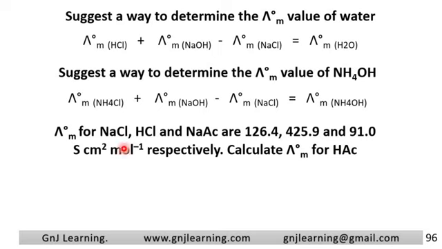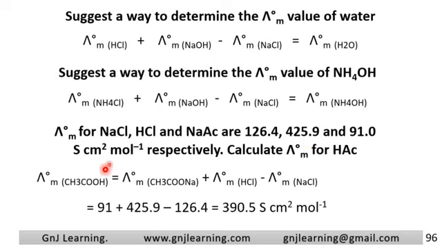So I am adding the limiting molar conductivity of sodium acetate and HCl and subtracting NaCl from it. So lambda m0 of acetic acid is lambda m0 of sodium acetate plus lambda m0 of HCl minus lambda m0 of NaCl. The acetate is common to CH3COO minus, HCl is common to H plus, and Na plus and Cl minus, which are not inside acetic acid, are subtracted by lambda m0 of NaCl. So I will get the value of lambda m0 of CH3COOH.